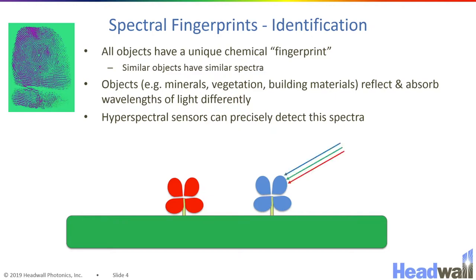So when sunlight strikes a blue flower, it will reflect more of that blue light back to our eyes, and therefore the flower will appear blue. When sunlight strikes a red flower, it will reflect more of the red light back to our eyes and absorb more of the blue and the green light, and therefore the flower will appear red.